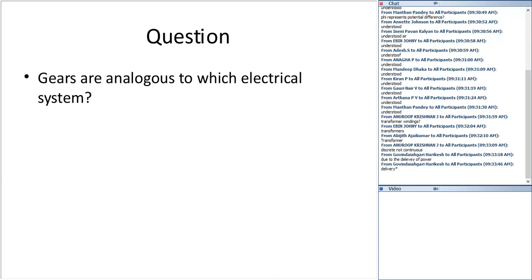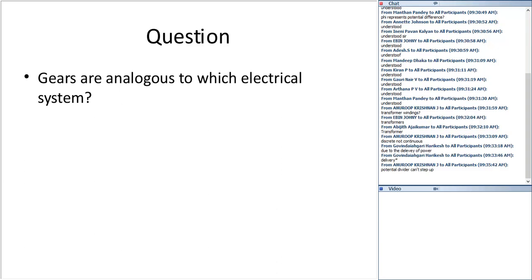I got some answer from Vamsi Kishore. In a gear system, R star W is constant. In a transformer, power is constant. What are R and W?